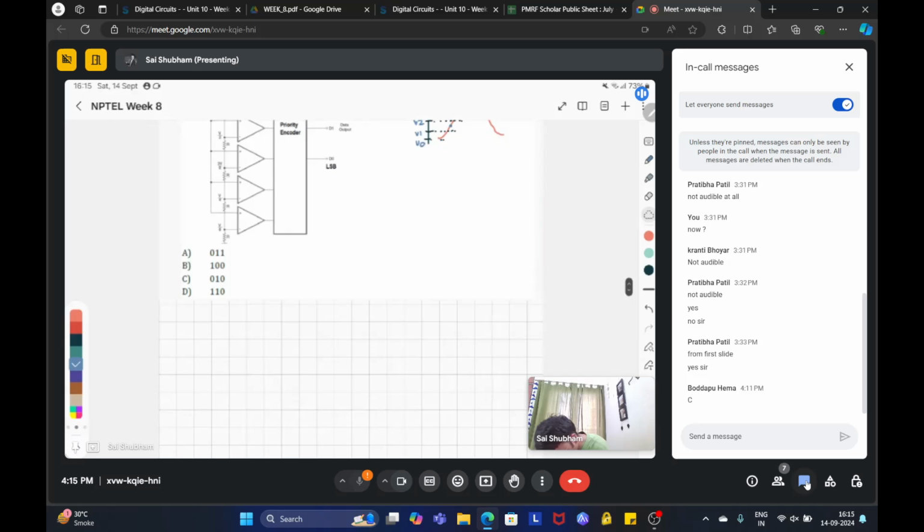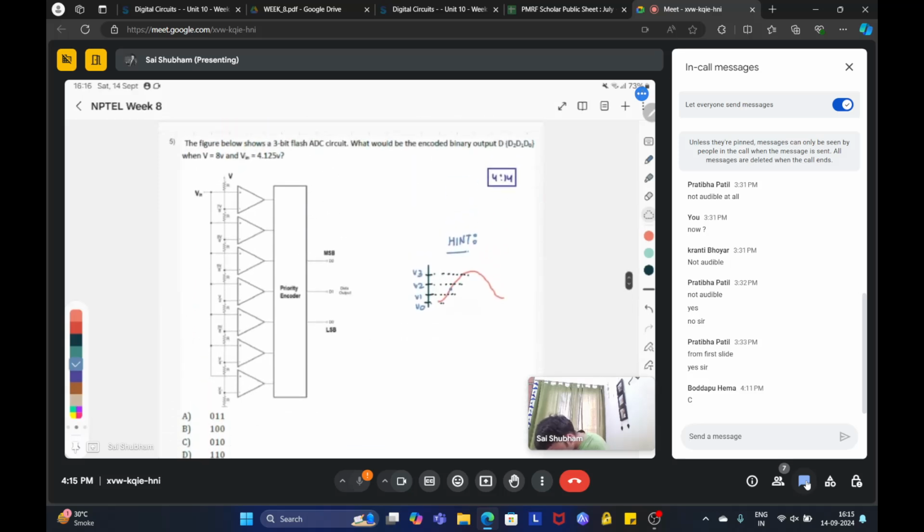So the conversion will look something like this. So this is because of quantization. Okay, let me elaborate.